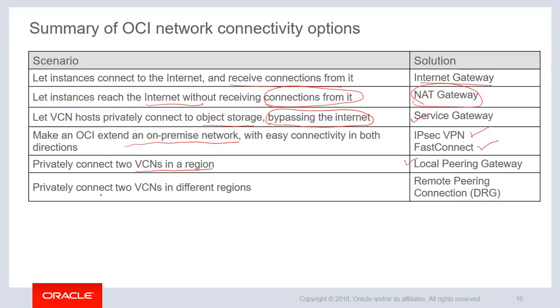If you want to privately connect two VCNs in different regions, go with Remote Peering Connection, which is a connection you create on the Dynamic Routing Gateway. So these are the 6 most common scenarios you would use for network connectivity. There is one more scenario which we cover in our advanced course, but because it's a level 100 course, these are the basics you need to know in order to design your networks.